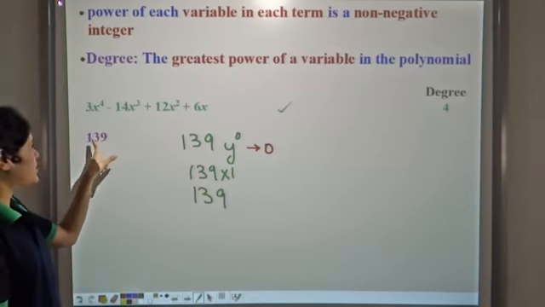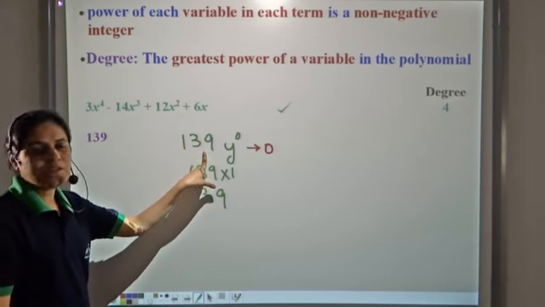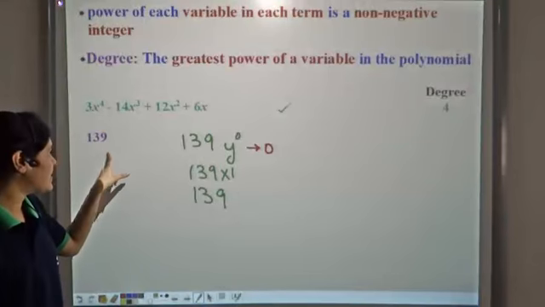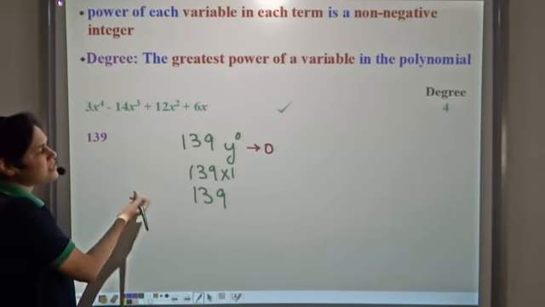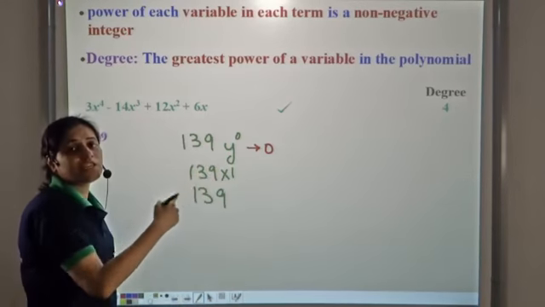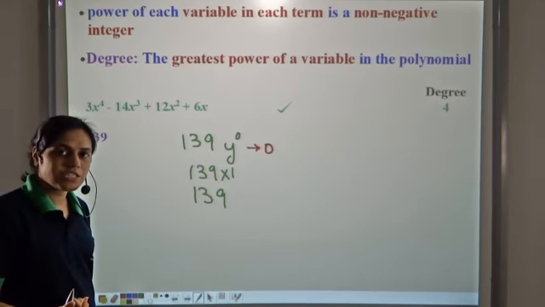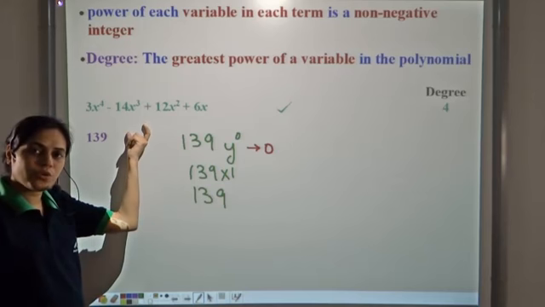So this is the same as this. And if this is a polynomial, then this is also a polynomial. So in essence, this 139 can be written as 139 into y to the power 0 or 139 into x to the power 0 or 139 into a to the power 0. We can assume any variable raised to the power 0 here.